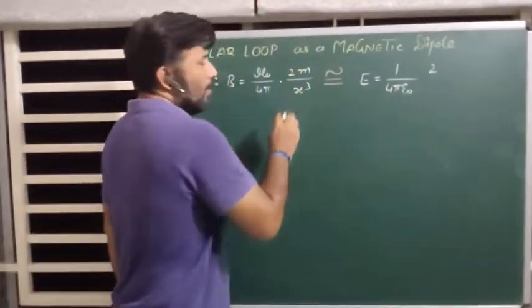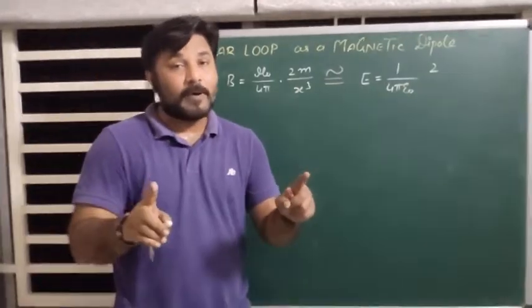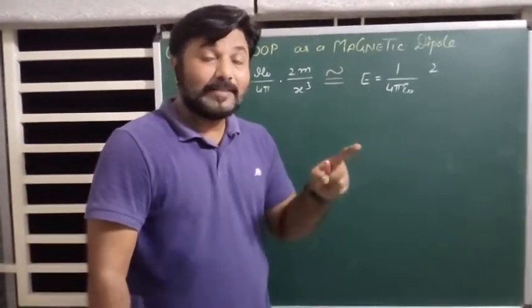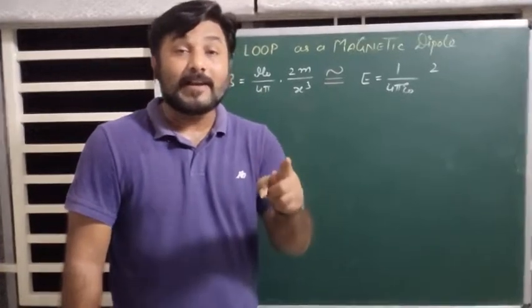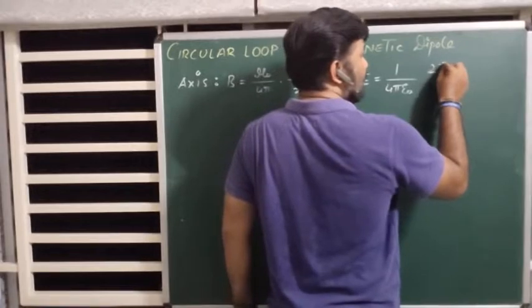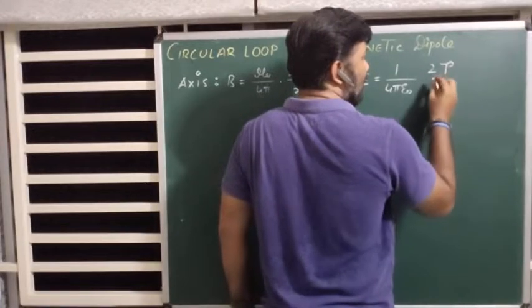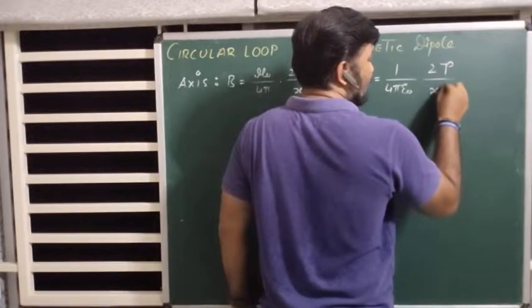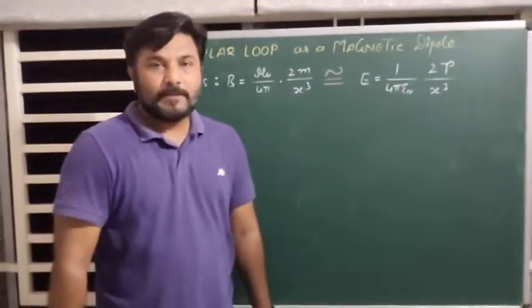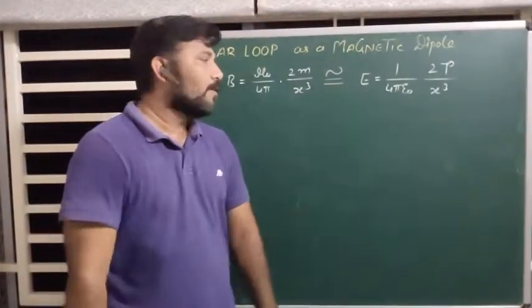What is M? M is the magnetic moment. But whenever we are looking for electric field, then there is an electric dipole moment, and electric dipole moment was symbolized as small p upon x cube as it is. Clear? Got it?